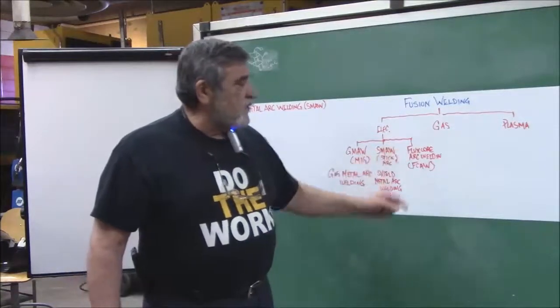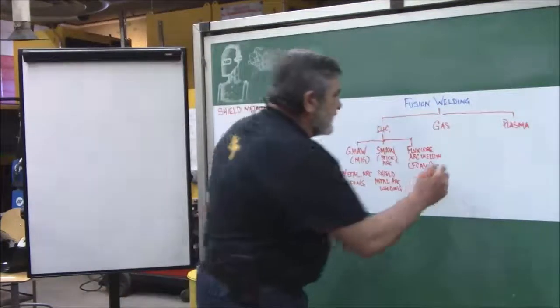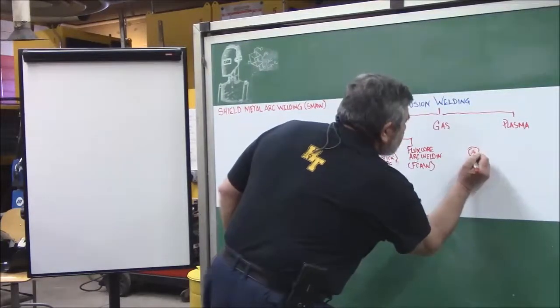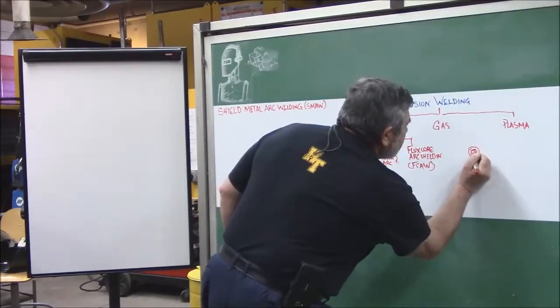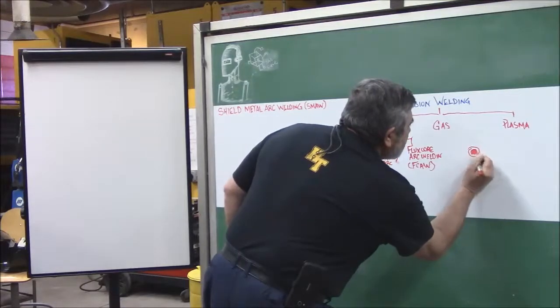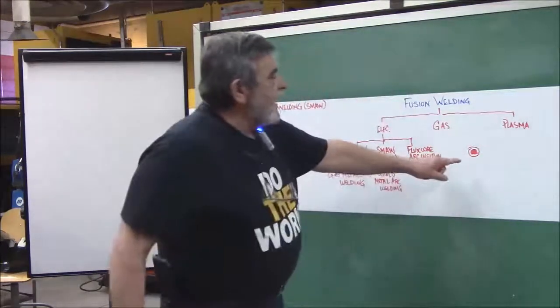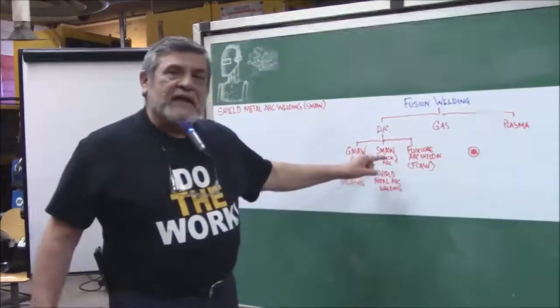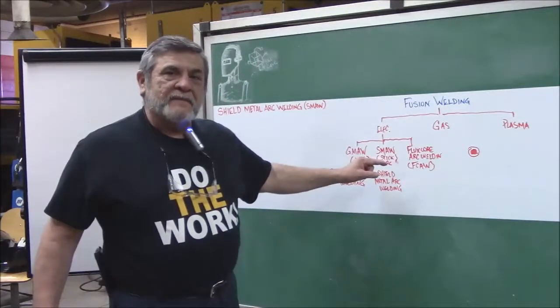So flux core arc welding, basically, is a wire with the flux being inside. So when you have that, you don't have to use supporting gases with it.